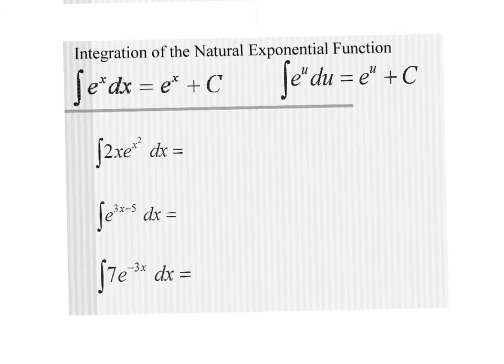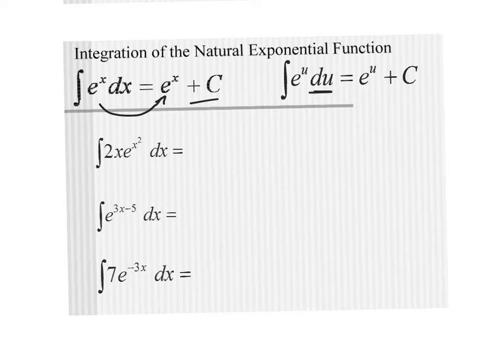All right. So we are going to integrate e to the x now. The nice thing is that the derivative of e to the x is e to the x, so the integral of e to the x is e to the x plus c, right? The other thing to be careful of is that if you integrate something different than just e to the x, you have to multiply by your u.